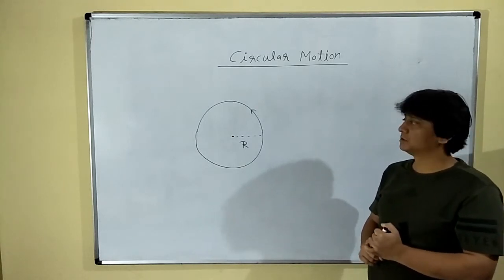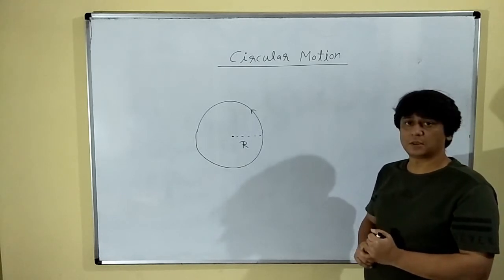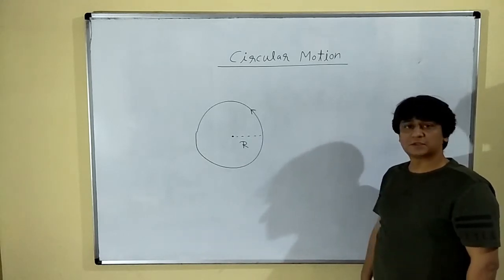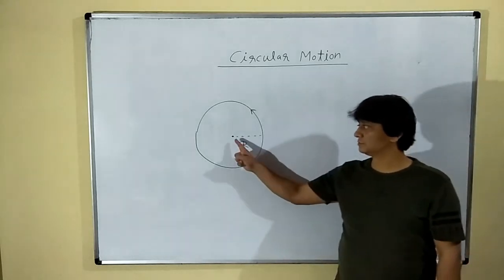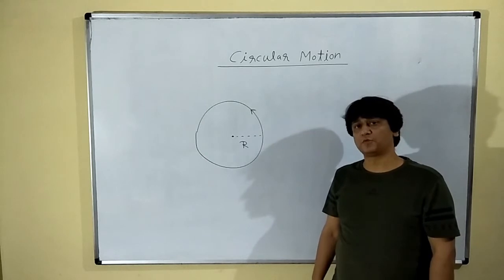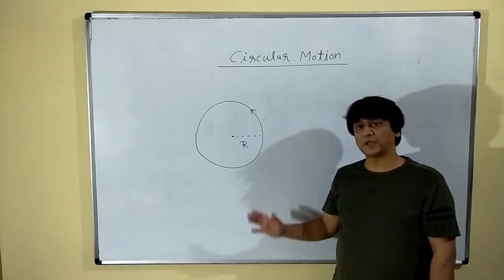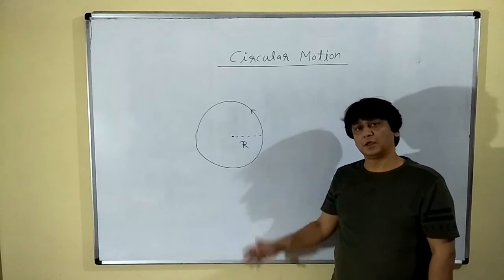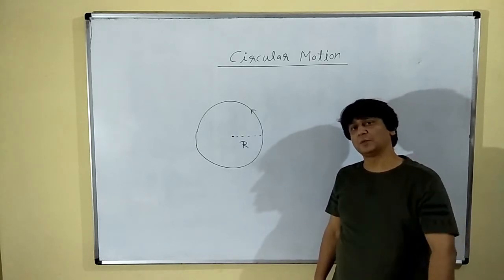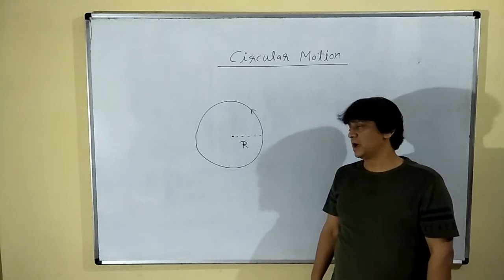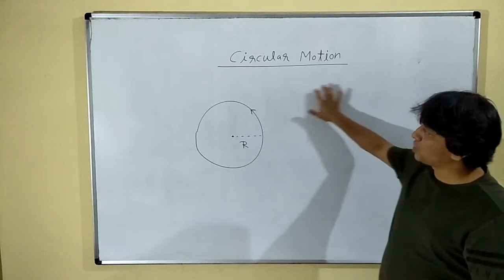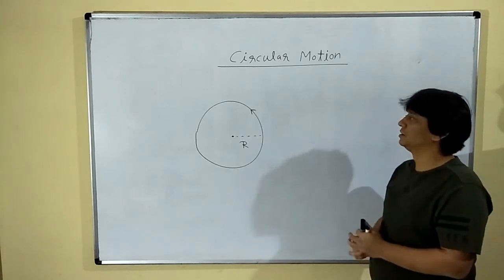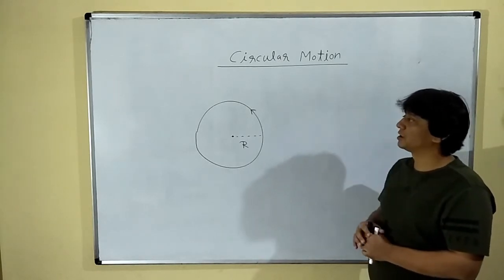If an object moves such that its distance from a fixed point is always the same and its path lies in a two-dimensional plane, then this type of motion is called circular motion.